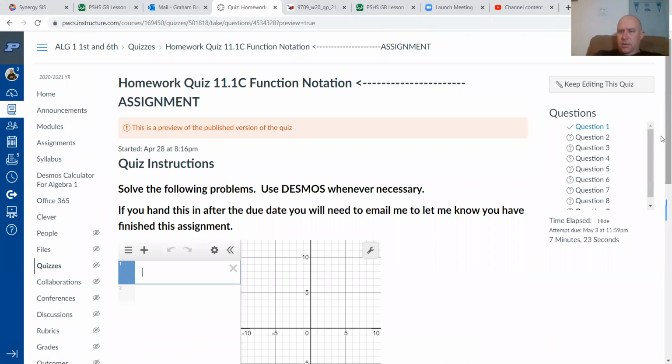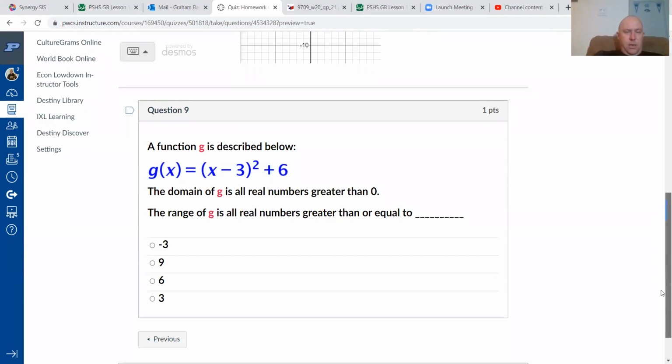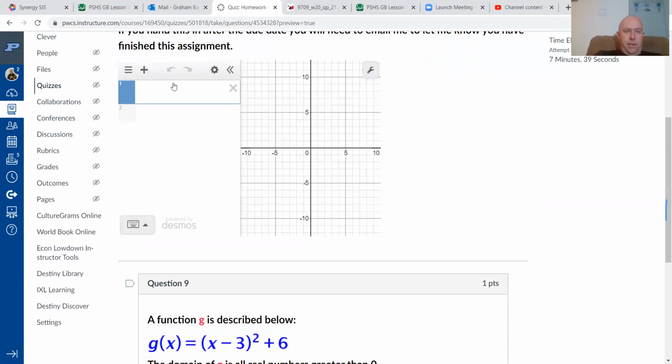And is this our last one? This might be our last question for this one. A function is described below. The domain of G is all real numbers greater than 0. The range of G is all real numbers greater than or equal to something. So this will be one where we just need to actually type in the graph.